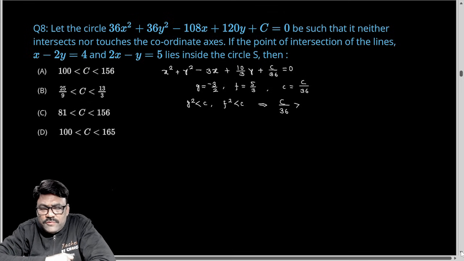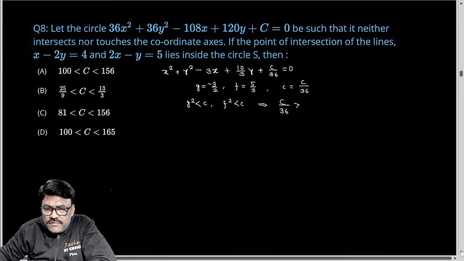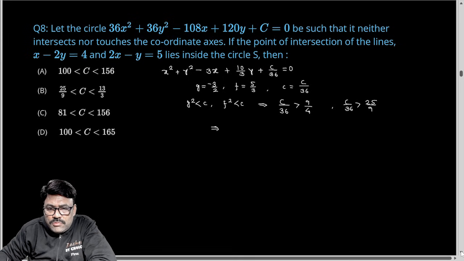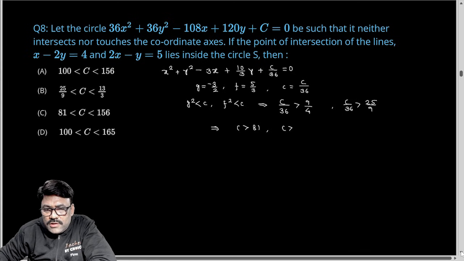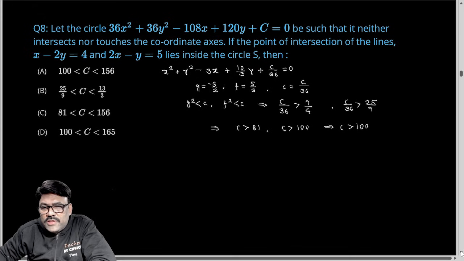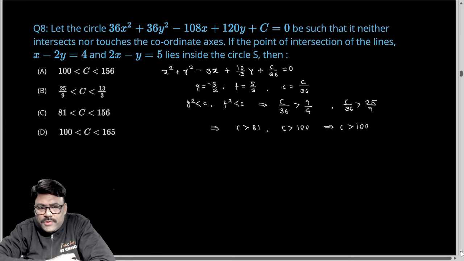And out of 9 by 4 and 25 by 9, which one is greater? See, from the first I'm getting C by 36 greater than 9 by 4. And then I'm getting C by 36 greater than 25 by 9. Just cross multiply. So you are getting C greater than 81 and C greater than 100. Obviously, you will take the common of these two, which is greater than 100. So C will be greater than 100 for sure.